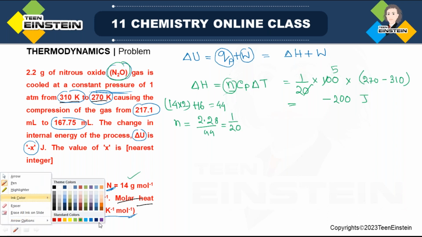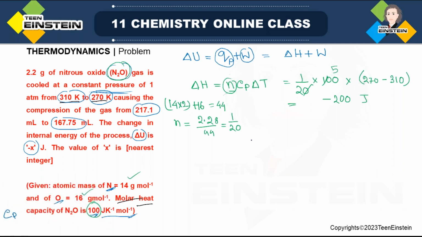Next we will find out what is W. Now W is, here it is mentioned, it is compression. Okay. So work is done on the system. So W is equal to P external into del V. Now P external is given 1 atmosphere.